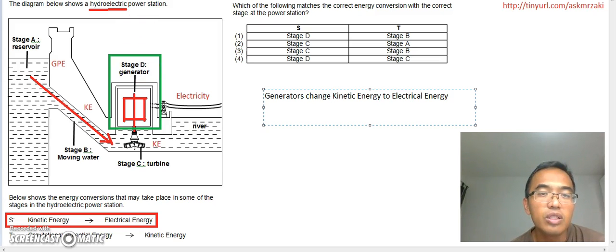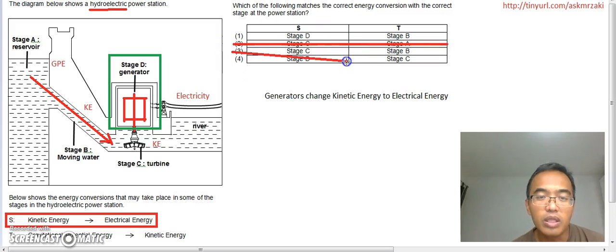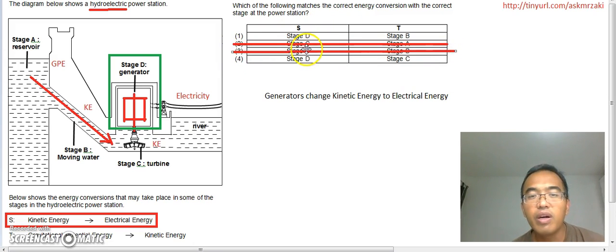Now if it is stage D, then you can basically strike out option 2 because this is wrong, and option 3 because this is wrong. Then we have stage D, and we now have to figure out stage T. T is gravitational potential energy converted to kinetic energy. There's gravitational potential energy here, but it is not doing anything.